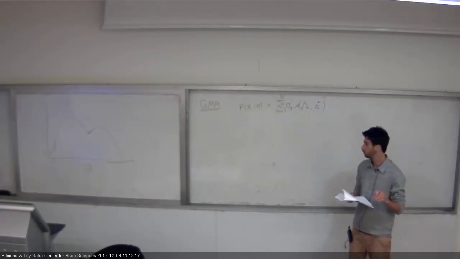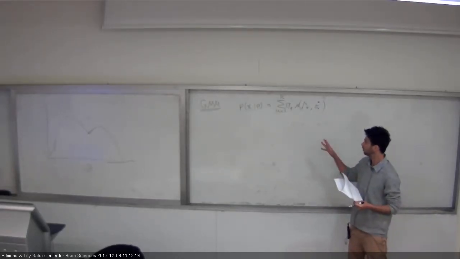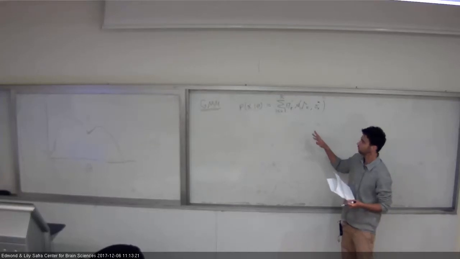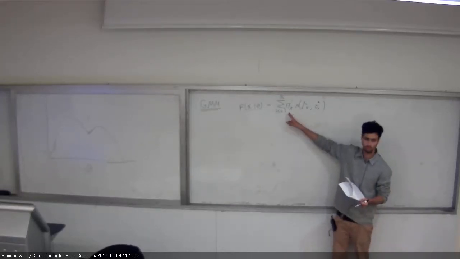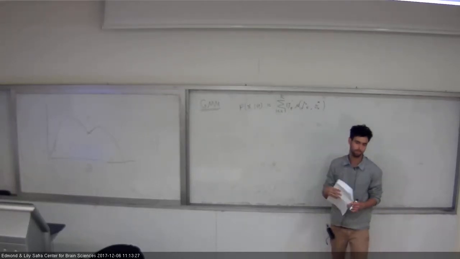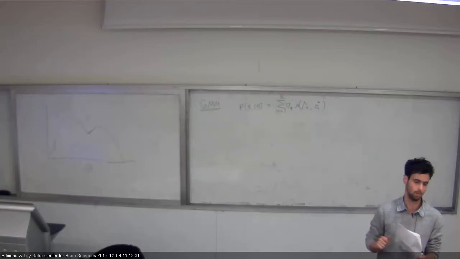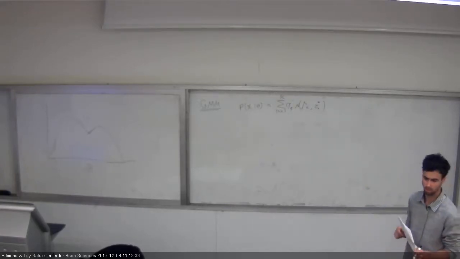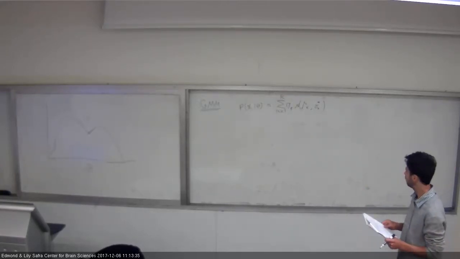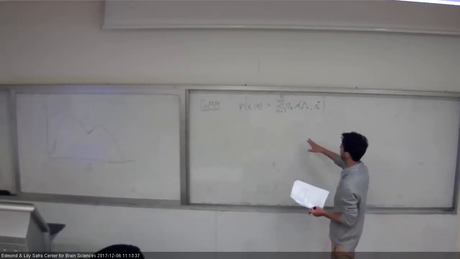This pi is not a multiplication, right? It's an amplitude of each. It's a distribution. It's the probability to get the k-th Gaussian. Yes.